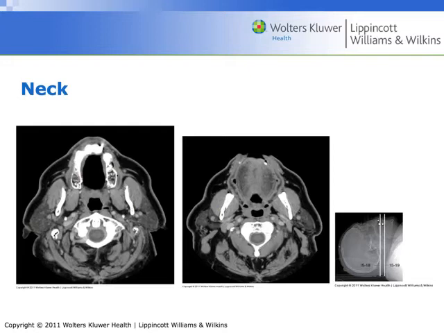Let's see if we can visualize this appropriately. Right here, I believe. Yes. Right there and right there. Vertebral artery. This white line right here. Vertebral spinous process.